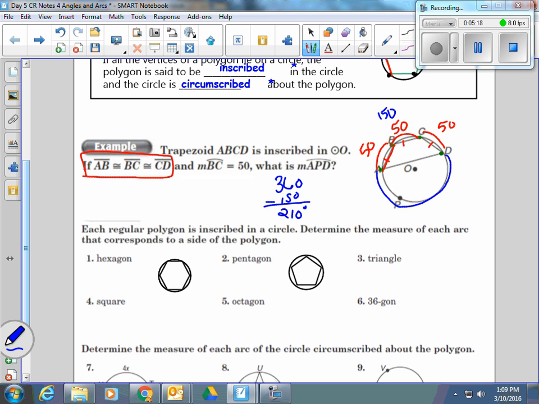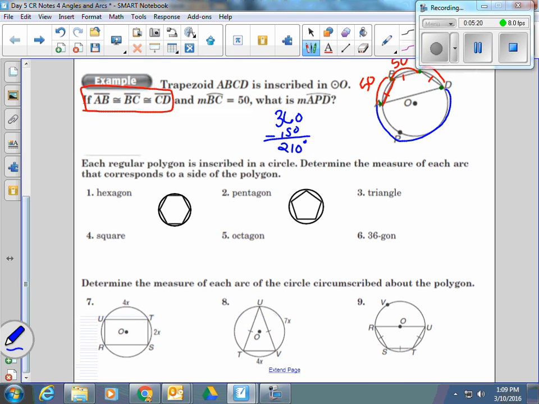Okay. Now, it's been a while, but we have this word, regular. Does anybody know what the word regular means? All the sides equal. Good, absolutely. Put a great big star on your paper right here. Regular means that all sides are congruent.